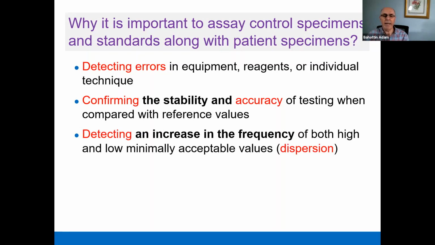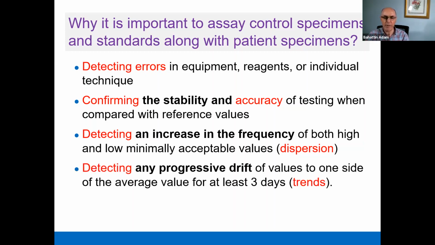Detecting an increase in the frequency of both high and low minimally acceptable values, which we call dispersion, also requires assaying control specimens and standards along with the patient specimens.